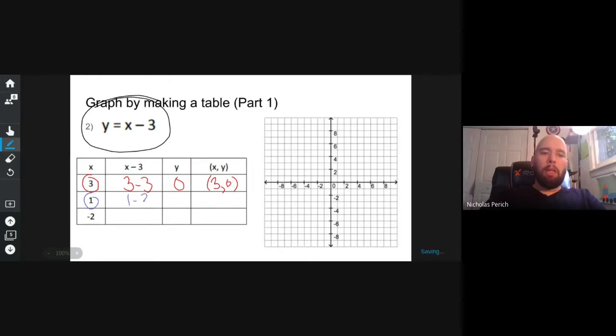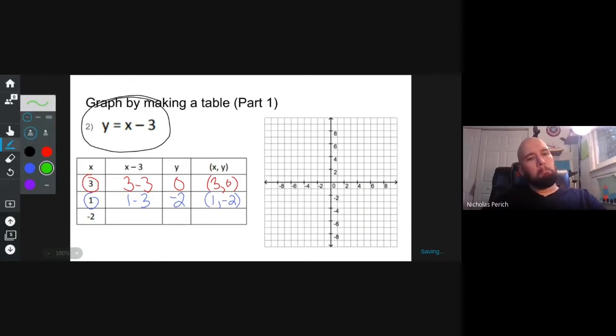X is now 1. 1 minus 3 is negative 2. So x is 1, y is negative 2. 1, negative 2. That's my point.